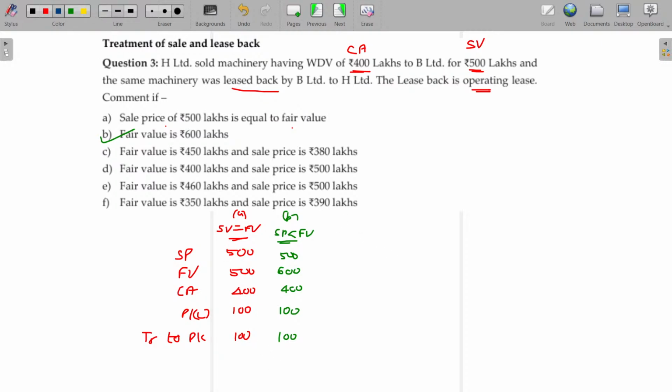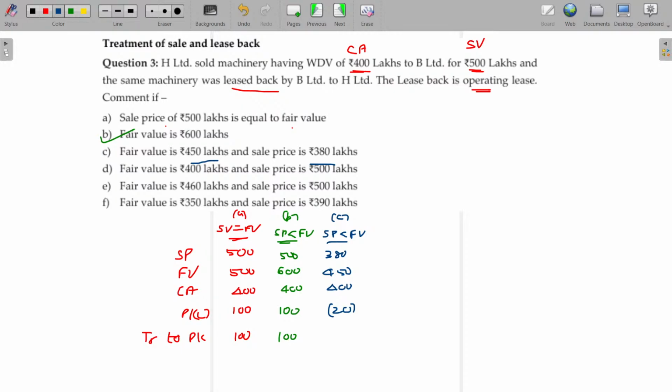Scenario C. Fair value 450, sale price 380, carrying value 400. Now the sale price is less than fair value, similar to the earlier one. Profit and loss being the difference between sale price and carrying amount, 20.